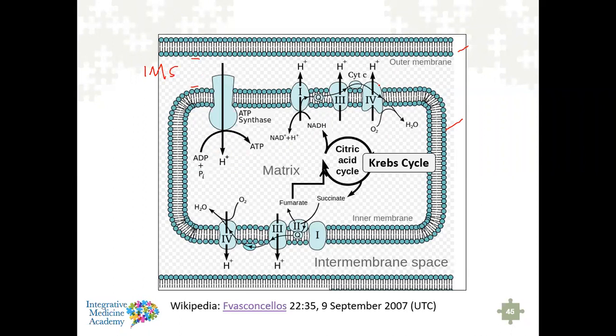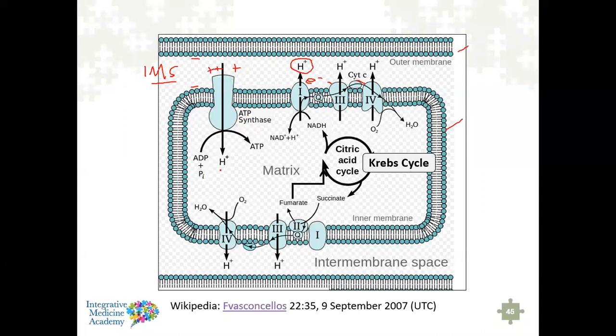We've got a pumping mechanism as we transport electrons, right? So electrons move from complex 1 to complex 2 to complex 3 to complex 4. That causes an electrical gradient effect, allows for protons to be pumped out into the intermembrane space. And then eventually these protons accumulate over the top of what's called complex 5, also called ATP synthase.